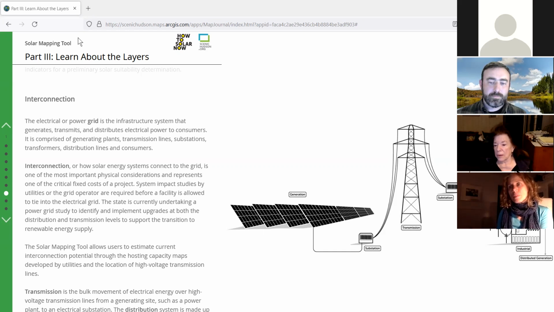But I think where it's most relevant to this solar mapping project is it's hard to find good areas. And if we find good areas in a municipality, but there is not good grid interconnection, then we have to figure out how to make that happen, who's going to pay for it, how that cost will be fairly distributed. And the opposite is also true.